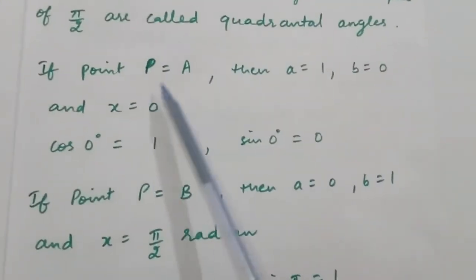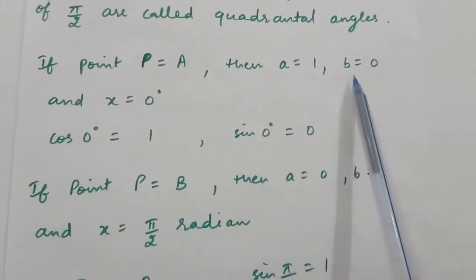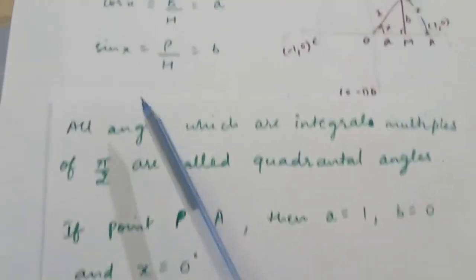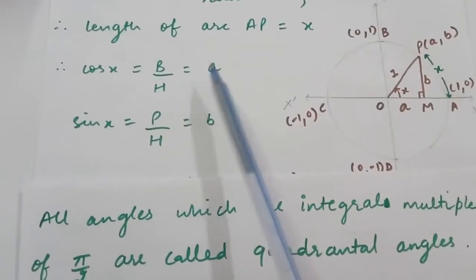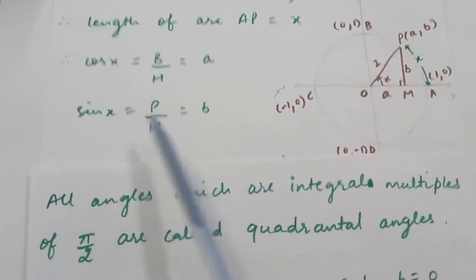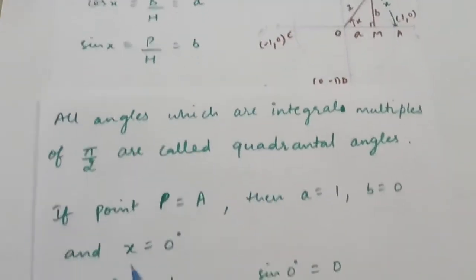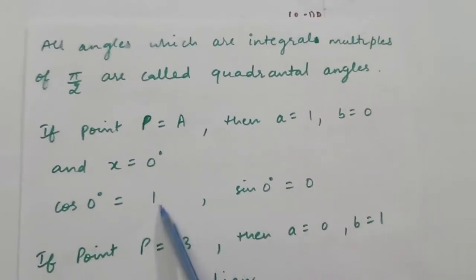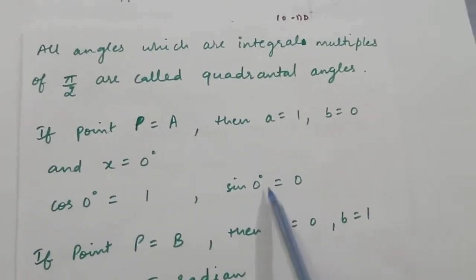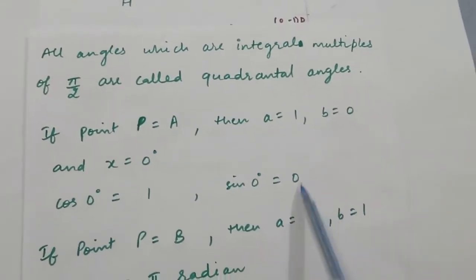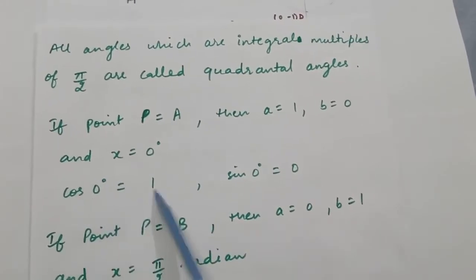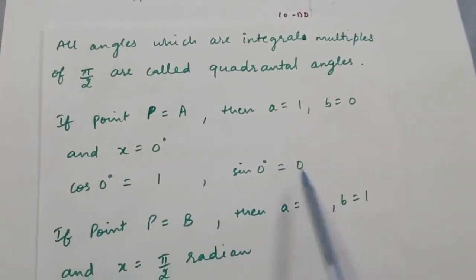As we have just seen that cos x is a and sin x is b. So cos 0 degree will be a, a is 1, and sin 0 degree is b and b is 0. So at 0 degree cos is 1 and sin is 0.